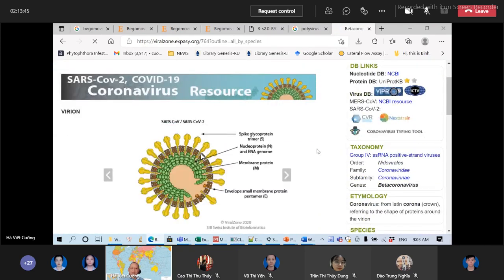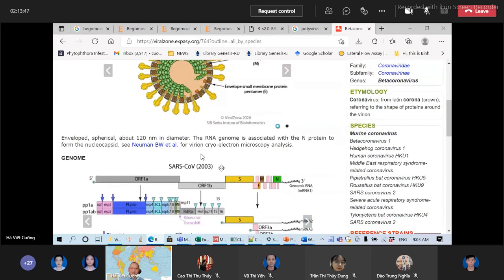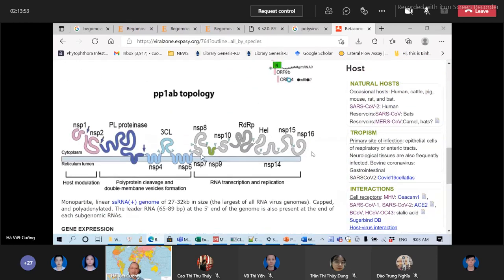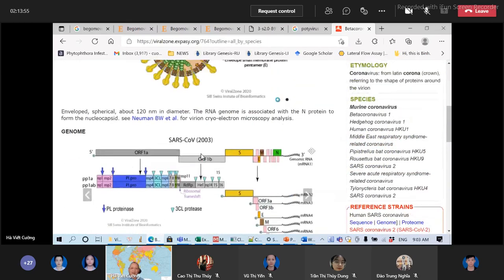You can see very easy, very nice. SARS-CoV-1 here, and SARS-CoV-2 is the same. Many interesting things here. We have the replicase polyprotein, and the one single strand, open reading frame, I will tell you later.